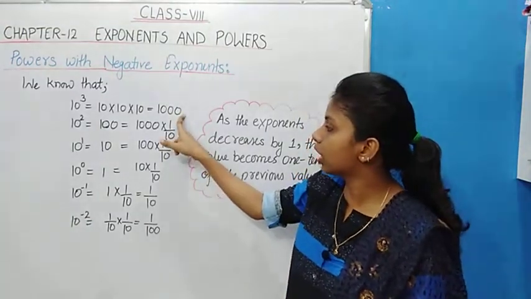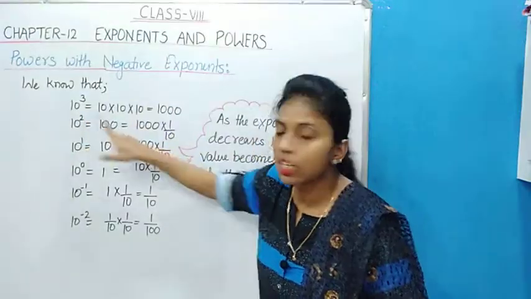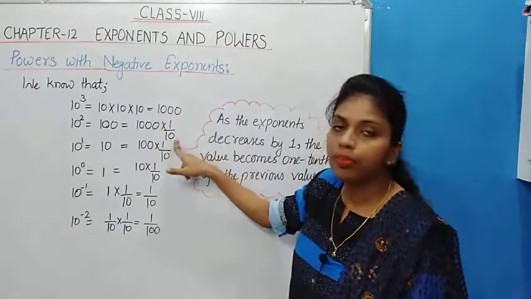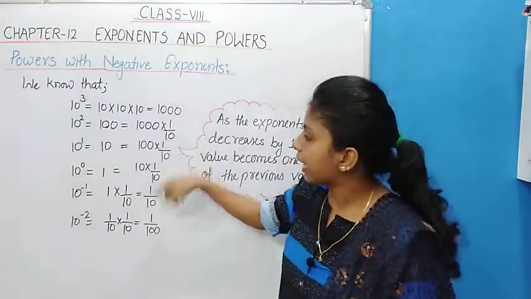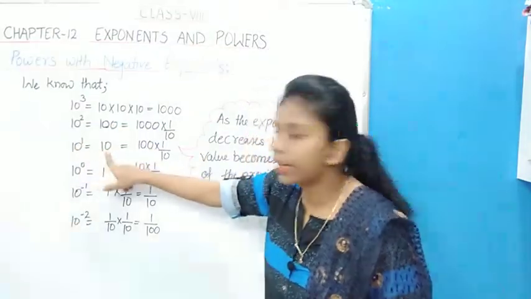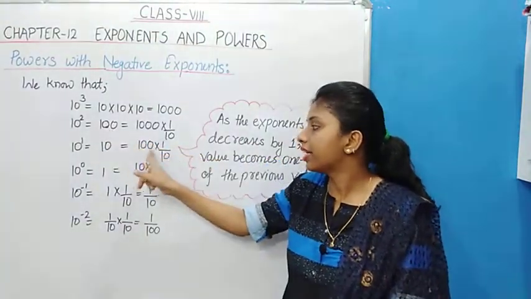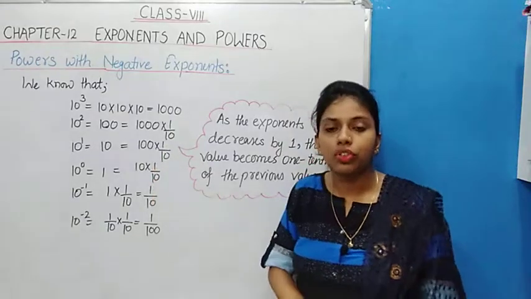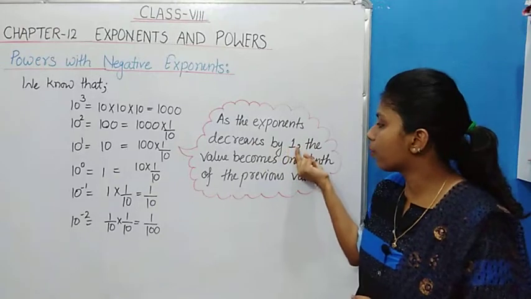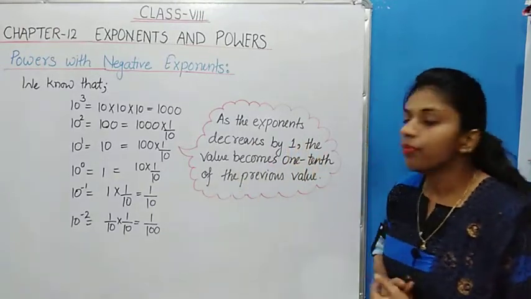The previous is 1000, so if the exponent decreases by 1, this value becomes 1000 into 1 by 10. Again, if the exponent decreases from 2 to 1, it becomes 10, which is 100 multiplied by 1 by 10. So we conclude that as the exponent decreases by 1, the value becomes 1/10 of the previous value.